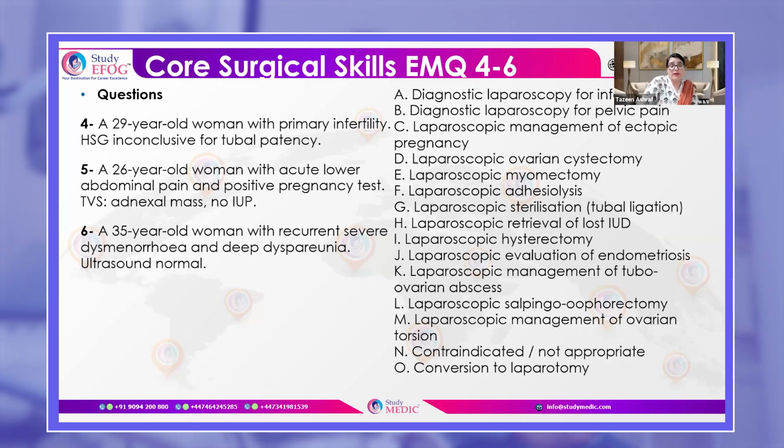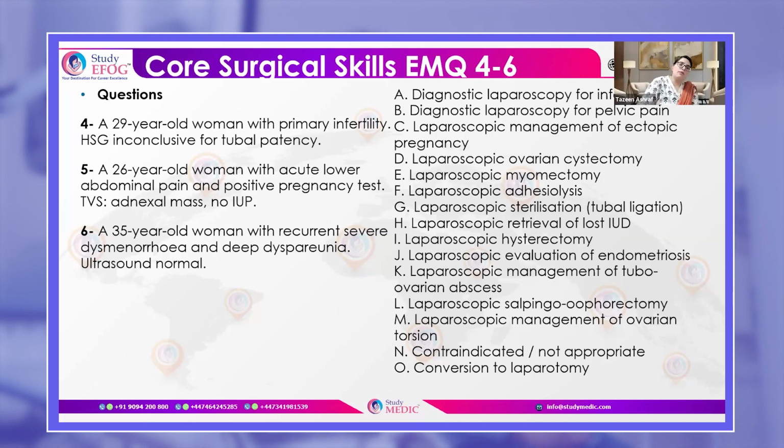The second woman is a 26-year-old woman with acute lower abdominal pain and positive pregnancy test. Transvaginal scan shows adnexal mass. No intrauterine pregnancy is there. Okay, and then third is basically a 35-year-old woman with recurrent severe dysmenorrhea and deep dyspareunia.